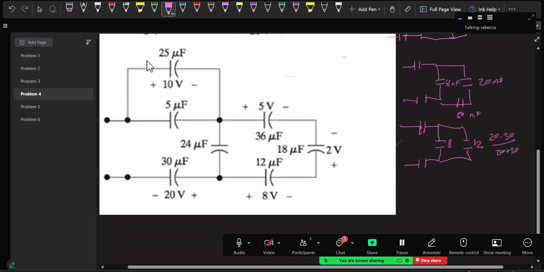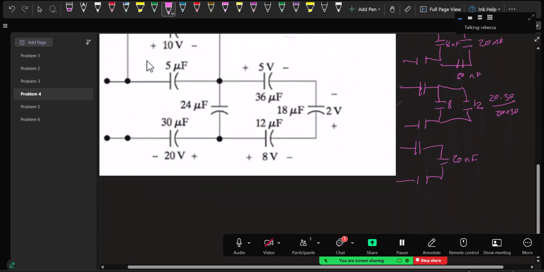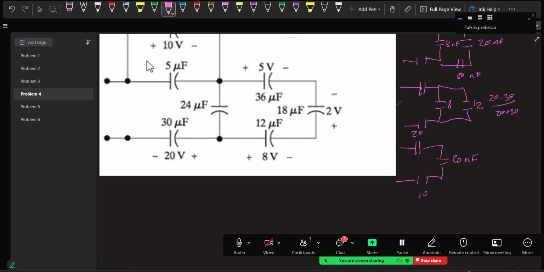Now I have an 8 and a 12 in parallel, so I can add those together and get 20 nanofarads. And then at top I had 20 and I had 10. Oh, and this will work out not so bad, because I know that two resistors in parallel that have the same resistance, the equivalent resistance is half.